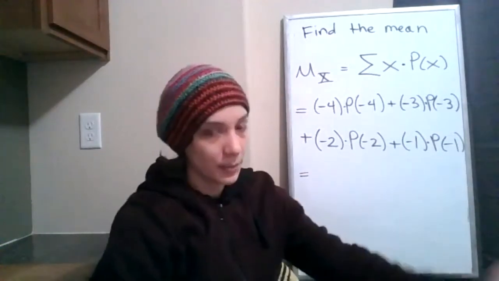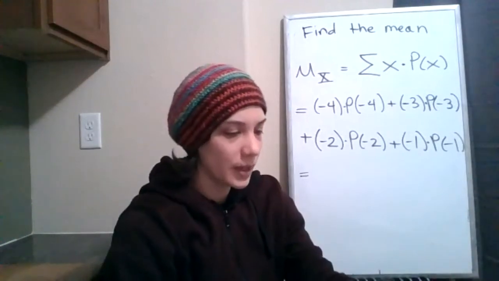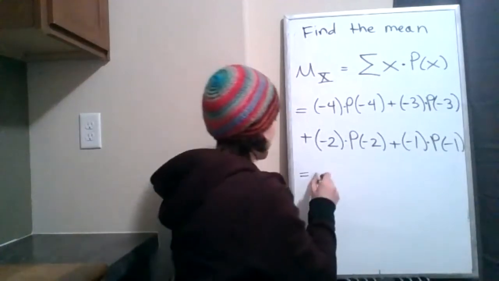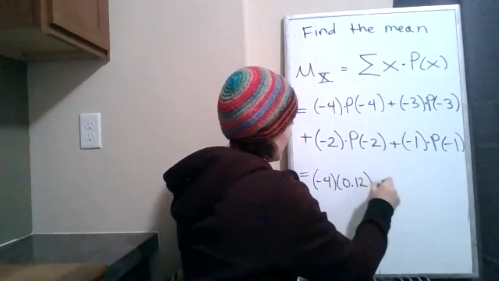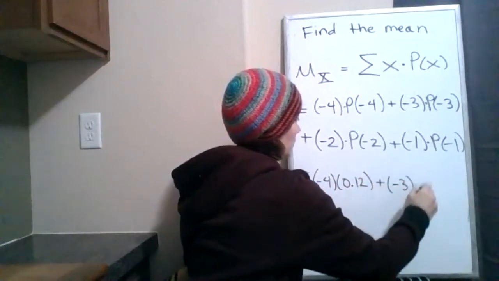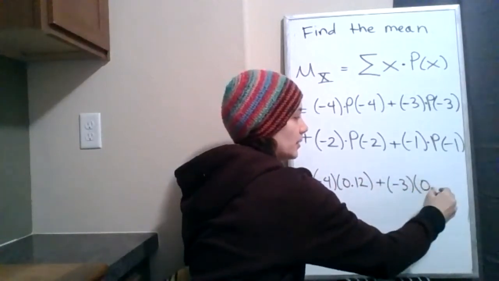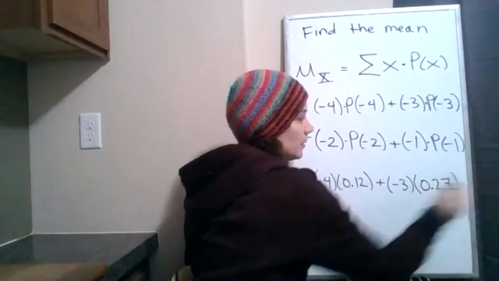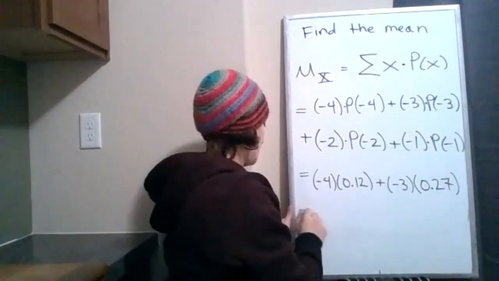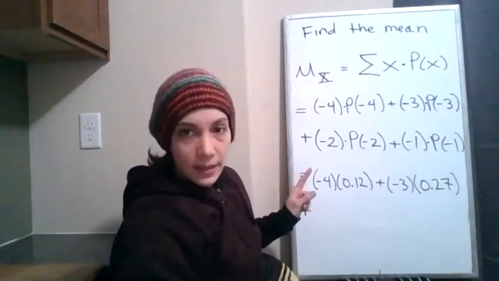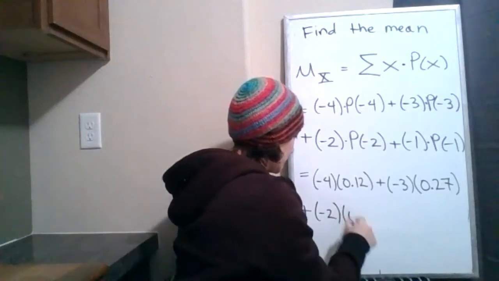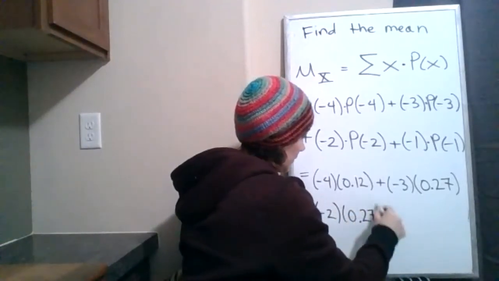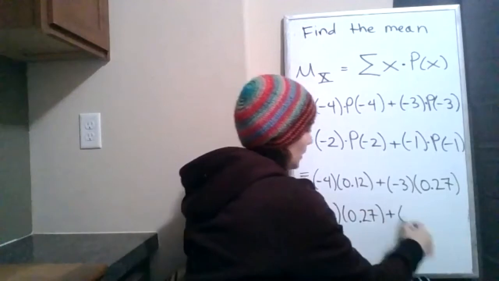Putting in the probabilities, we have -4 times 0.12, -3 multiplied by 0.27, -2 times 0.27, -1 multiplied with 0.34.